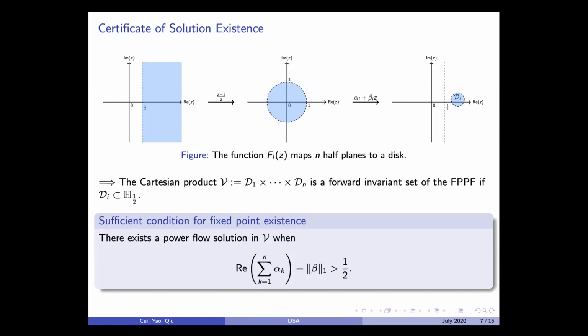What that means is that by Brouwer fixed point theorem, we can guarantee that there exists a fixed point, in other words, a power flow solution to the power flow equations within this disk. In this way, we derive the sufficient condition for the existence of a fixed point, which essentially says that the real part of the center of the disk minus its radius has to be greater than 1/2.